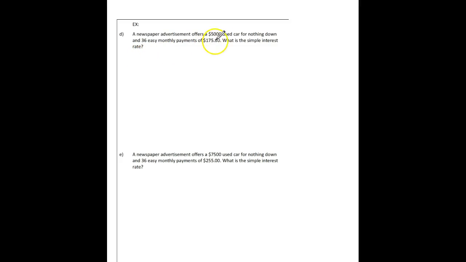So the initial amount here is $5,000, right? If we think about our interest equals our principal times our rate times our time, our original amount that we paid is $5,000 here.